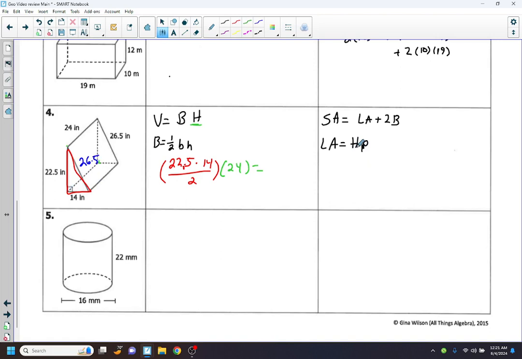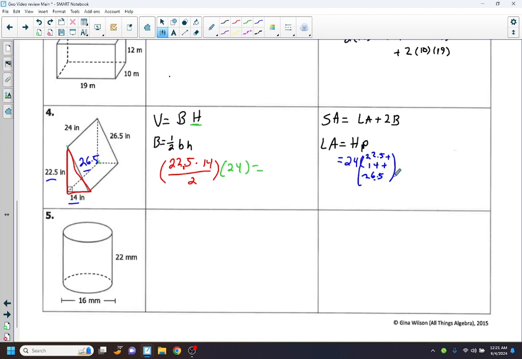So in this case, it is going to be the 3D height, which we already figured out is 24, times the perimeter, which is the sum of these three things, which is, I guess I'll just write it, 22.5 plus 14 plus 26.5.